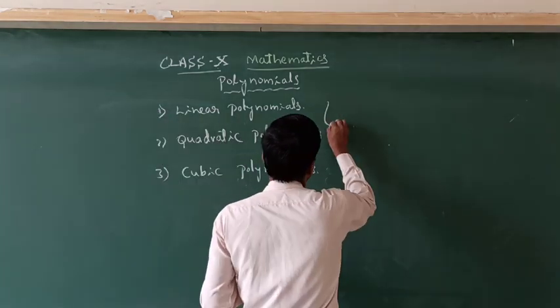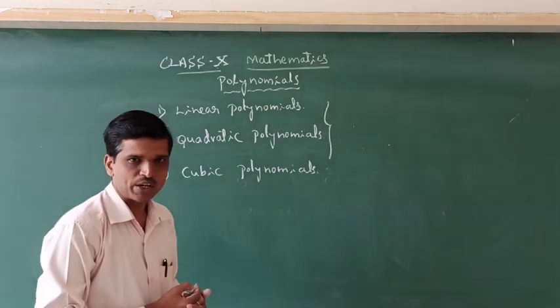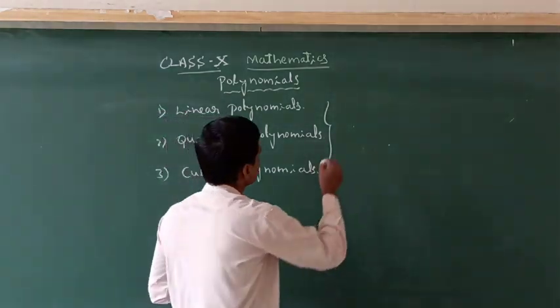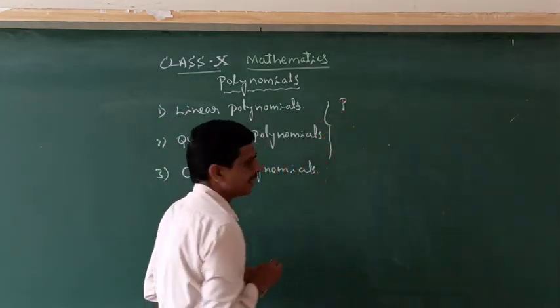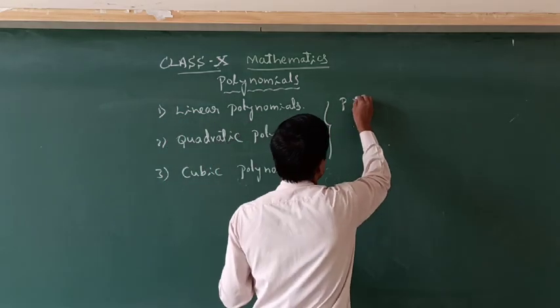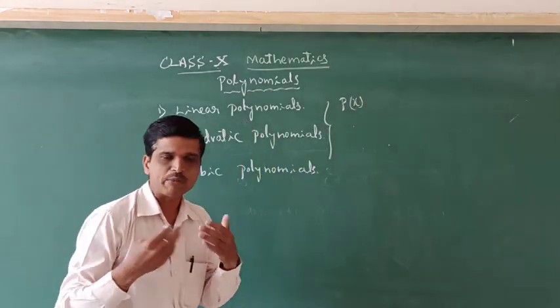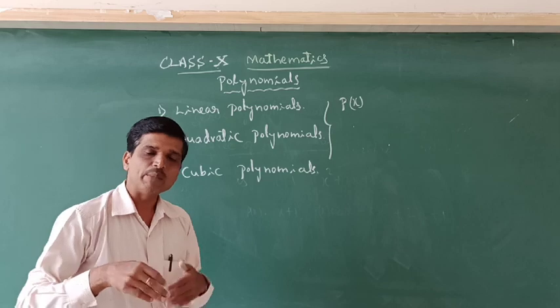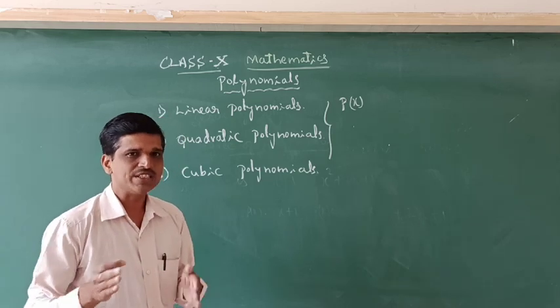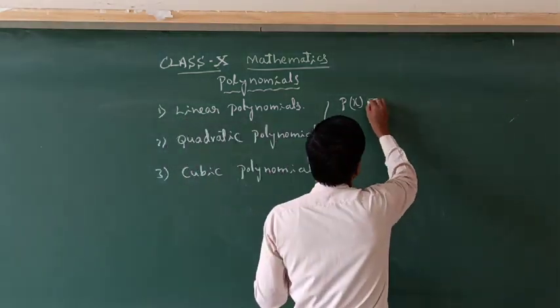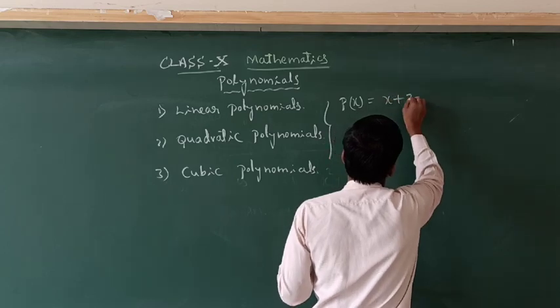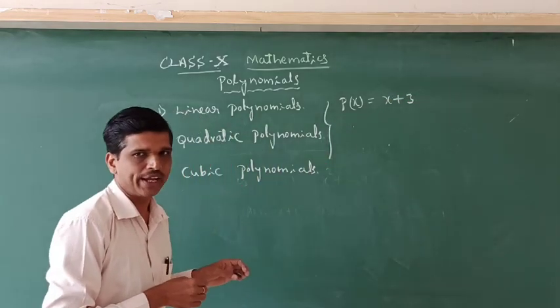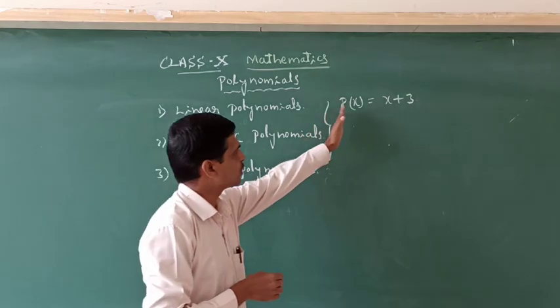Last year we already studied linear polynomials. For example, consider any polynomial p. If the variable is x, consider p of x. If the variable is y, consider p of y. I will take one example: p of x is equal to x plus 3.